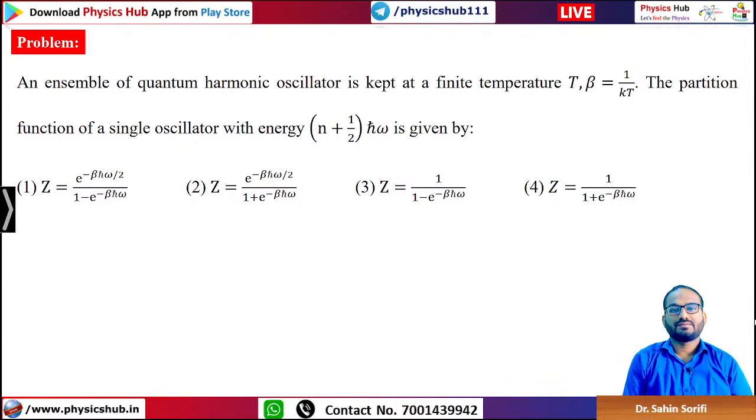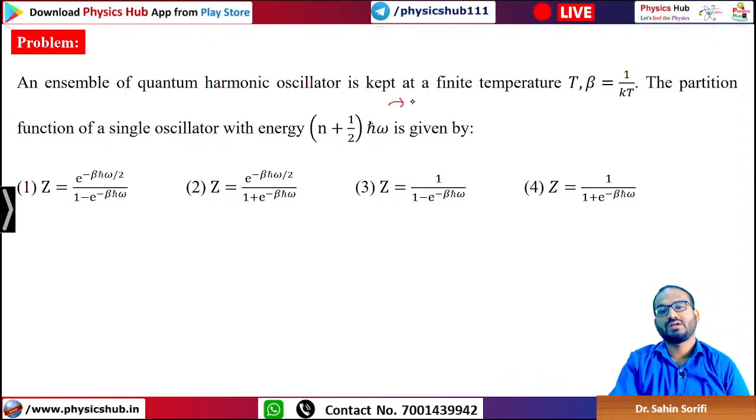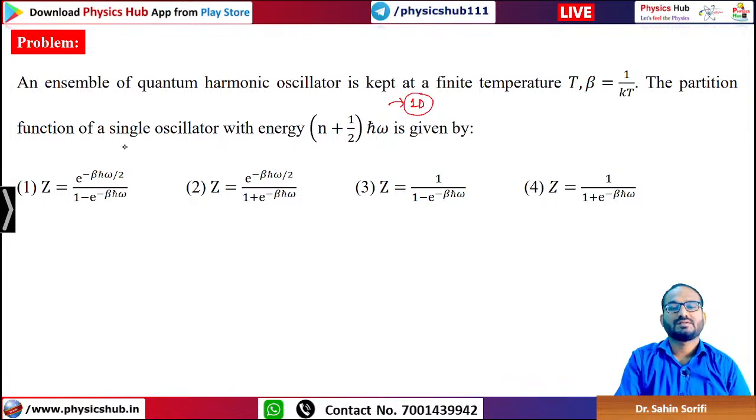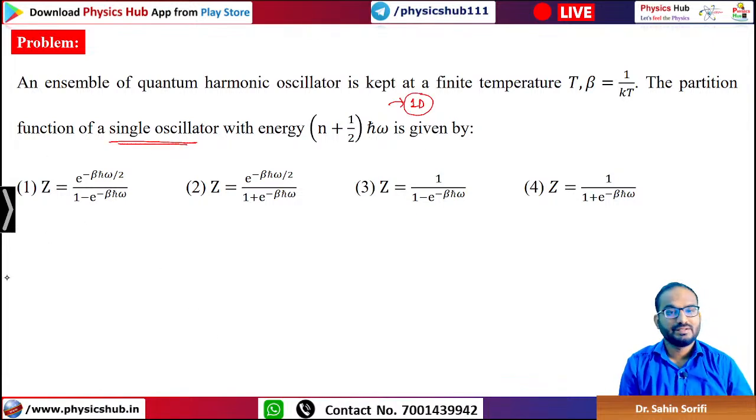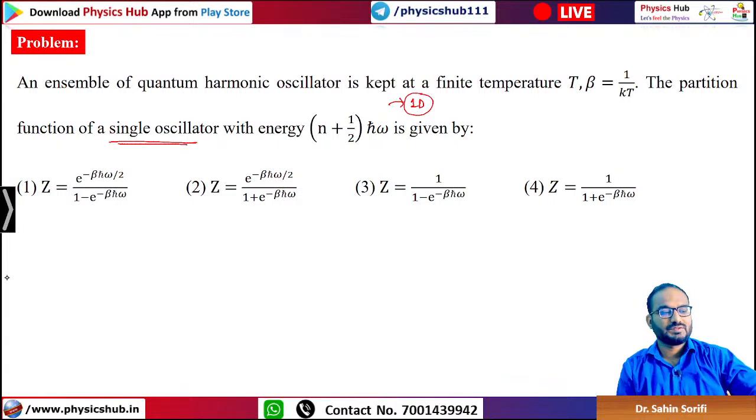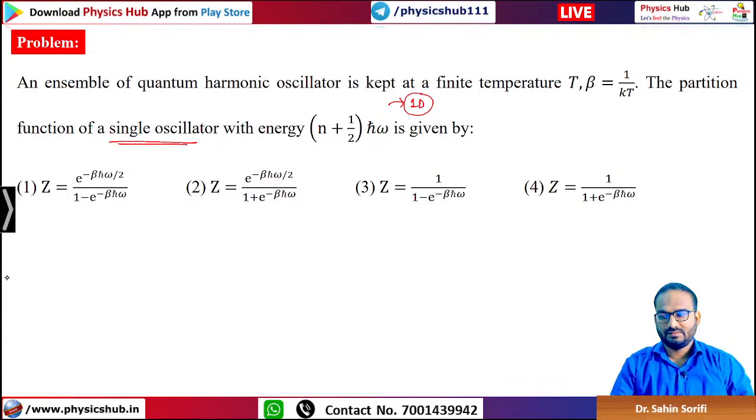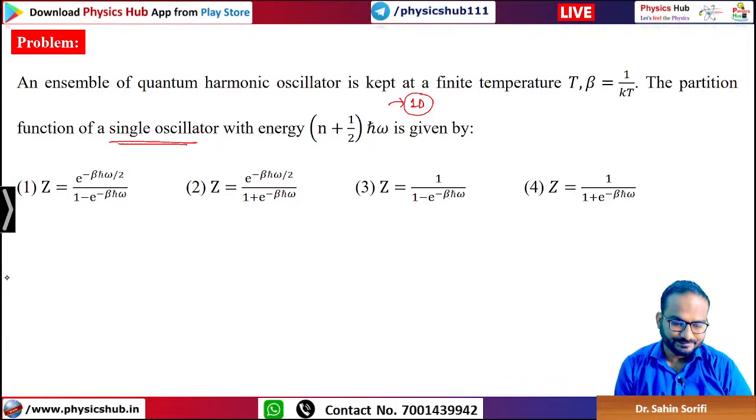An ensemble of quantum harmonic oscillators is kept at a finite temperature T. The partition function of a single oscillator with energy n plus half h cut omega is given by. From the energy value, we are sure that it is talking about a one dimensional quantum harmonic oscillator. We have to find out the partition function for a single oscillator, not the n number of oscillators. Can you do this?